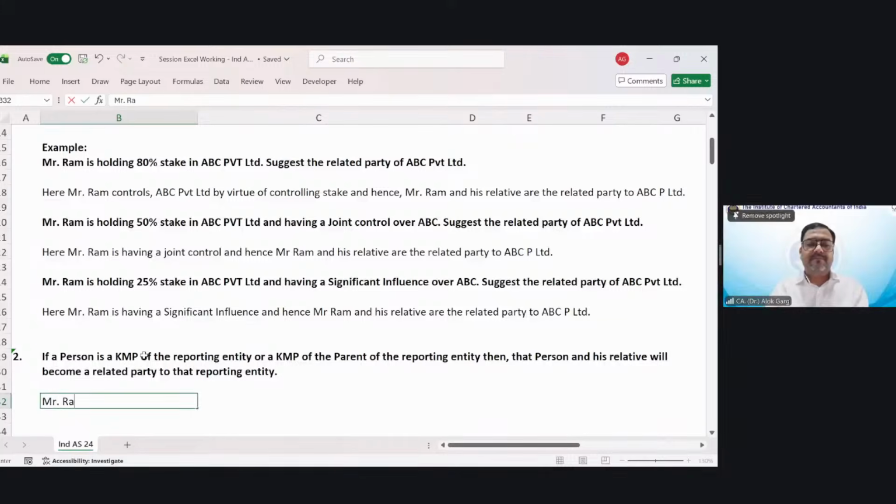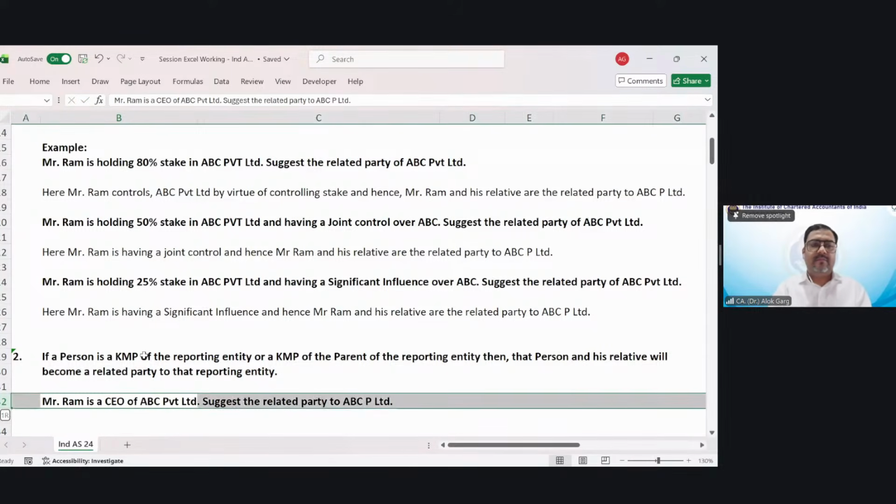Mr. Ram is a KMP. Mr. Ram is a CEO, Chief Executive Officer, CEO of ABC Private Limited. Suggest the related party to ABC Private Limited. Okay. Example.